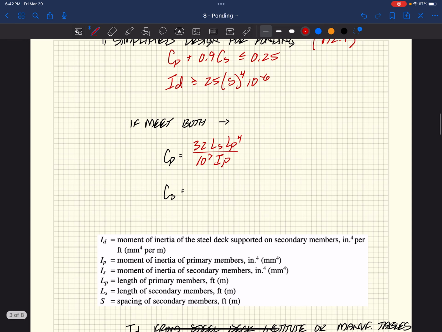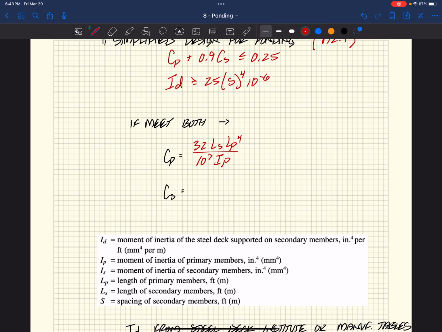Based on our variables, LS is the length of the span of our secondary members, our beams, LP is the length of our primary members, our girders, and IP is the moment of inertia of our primary members, our girder members. So this is really giving us a relationship for the span to stiffness ratio for our girders, with a little bit of influence of our secondary members as well. We have LS in there as well.